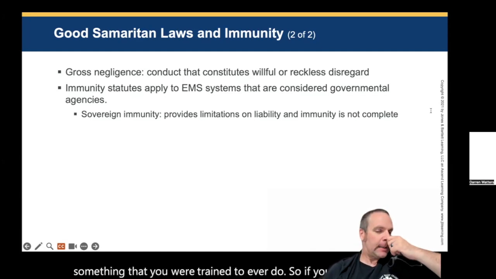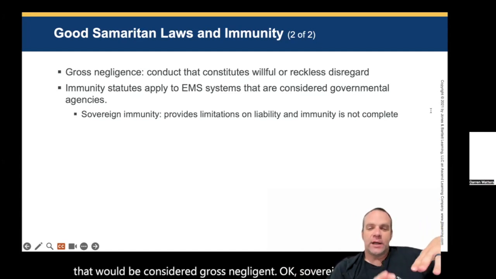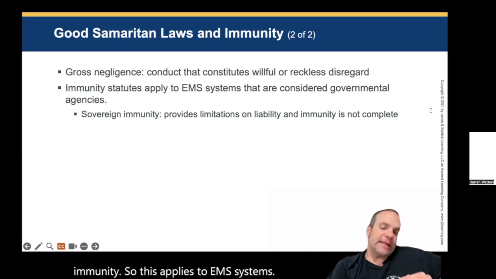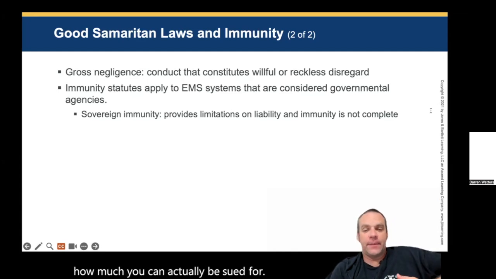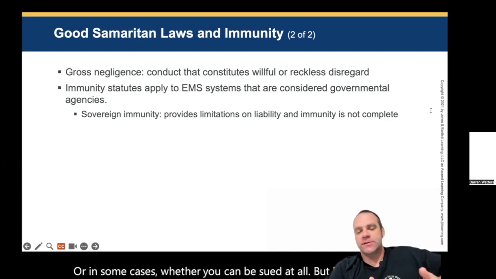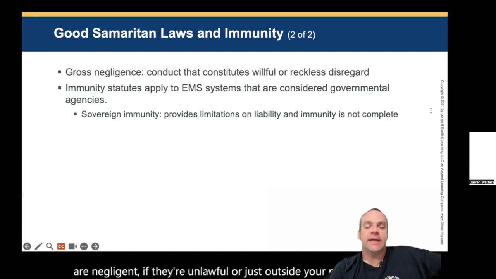Sovereign immunity applies to EMS systems run specifically by government agencies. This law may limit how much you can be sued for, or in some cases, whether you can be sued at all. But let's be clear, immunity isn't a shield against poor care. If your actions are negligent, unlawful, or just outside your protocol, you and your agency can still be held liable.